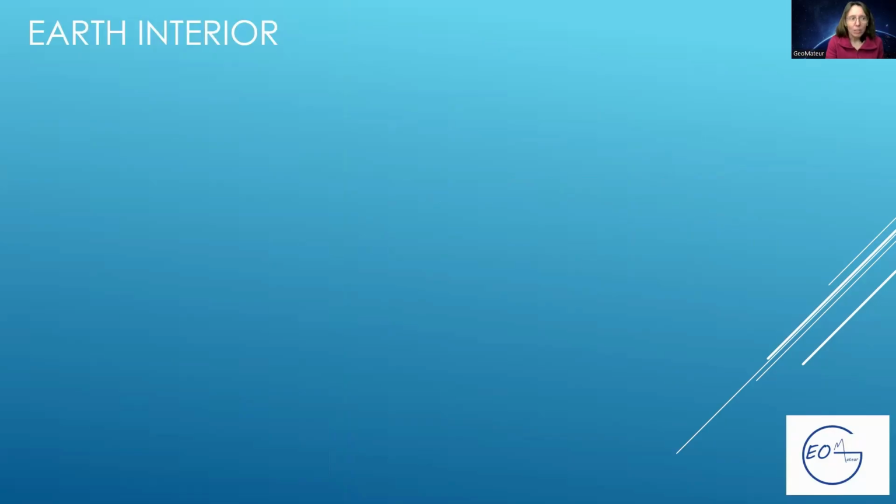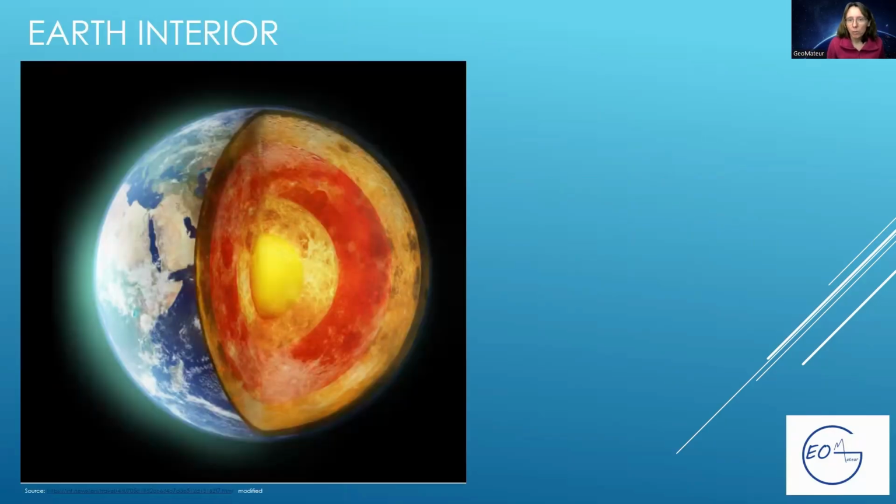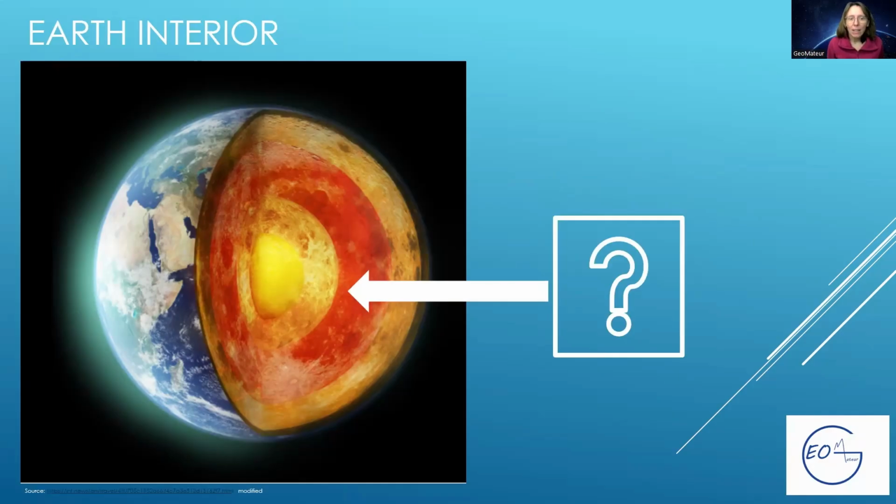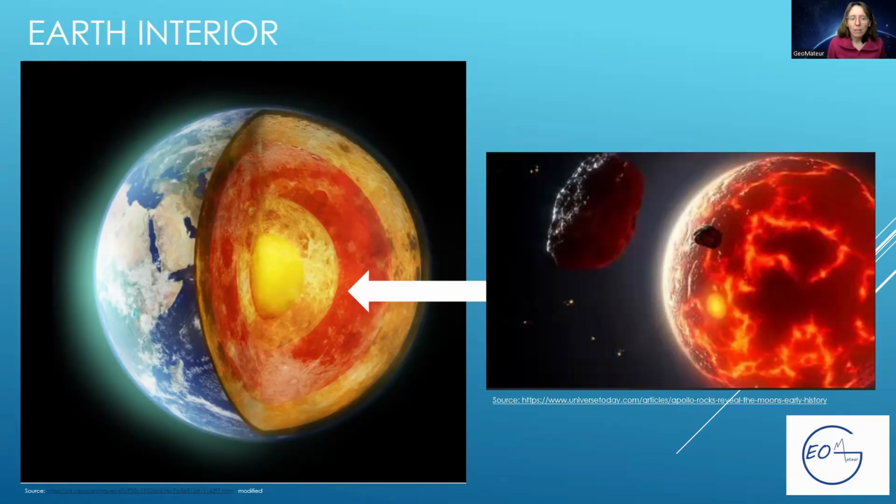The Earth's interior is not a uniform body, but consists of some distinguished layers. Why? To answer this question, we need to go back in time to the early stage of Earth's creation. Briefly, because this video is not about Earth history, so simplifying as much as possible, the accretion process generated heat.